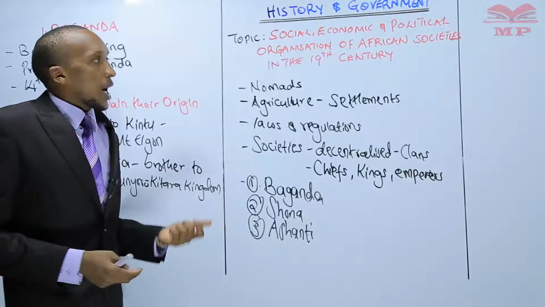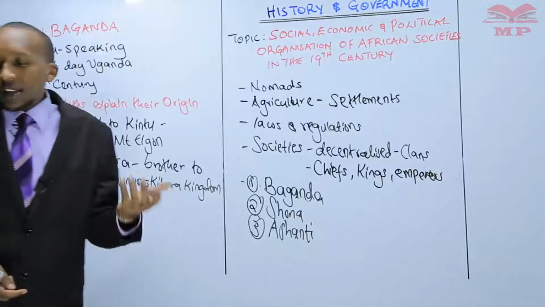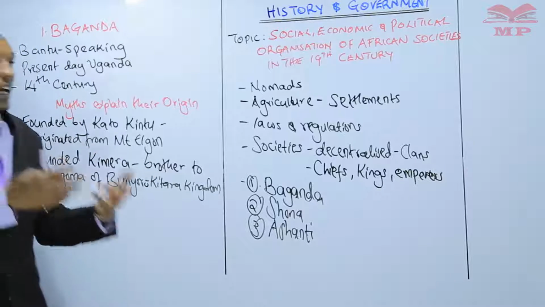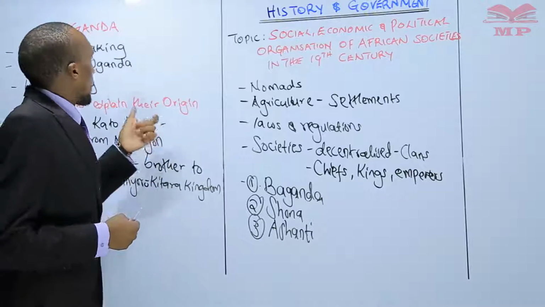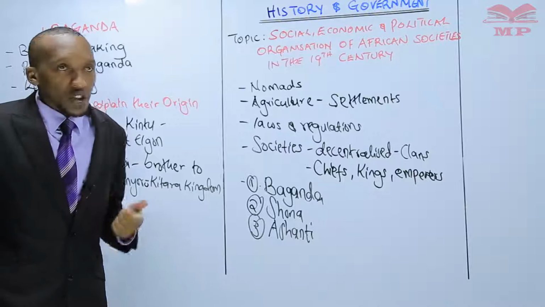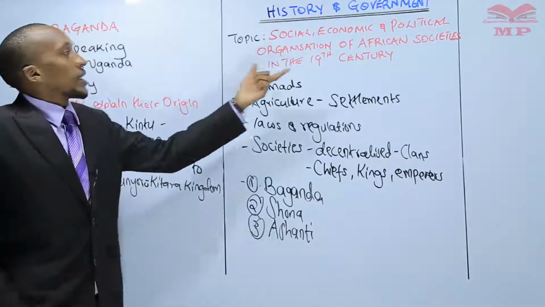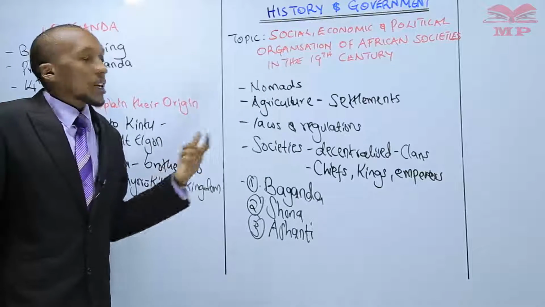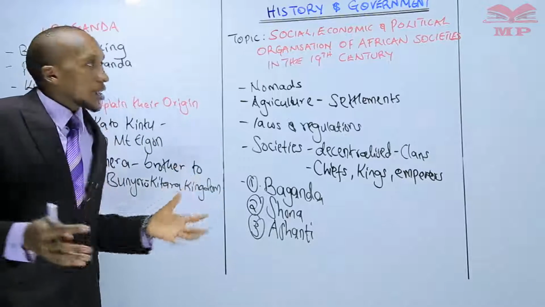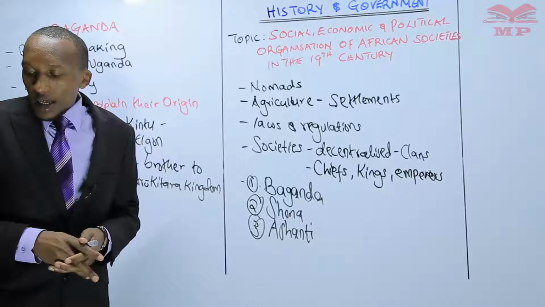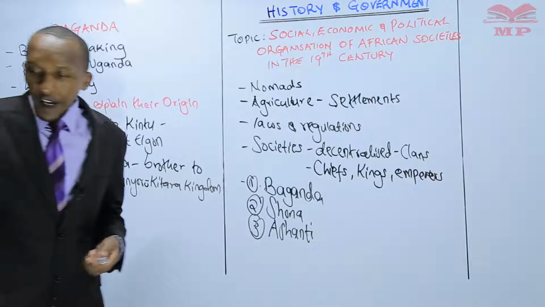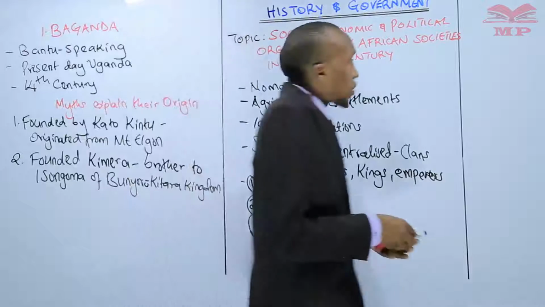But now we ask ourselves, what factors resulted in the Baganda Kingdom developing into a very strong nation? Because towards the 19th century, it was the strongest kingdom in East Africa.